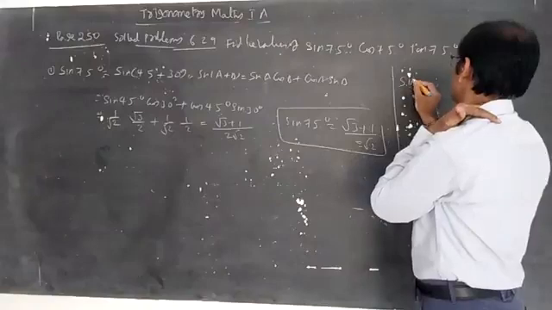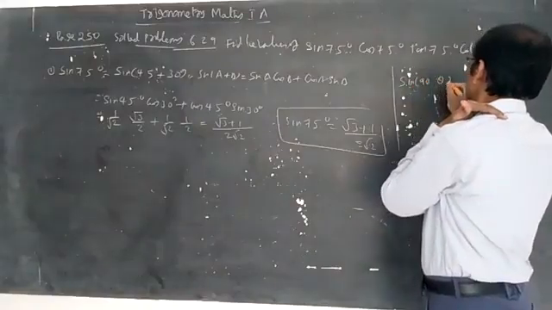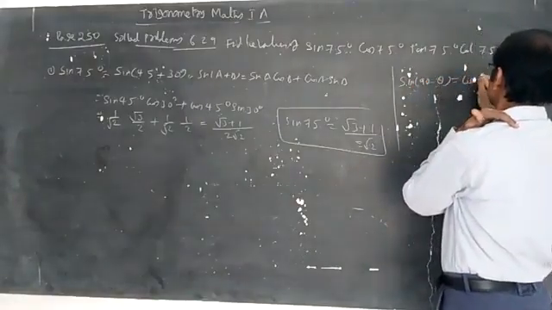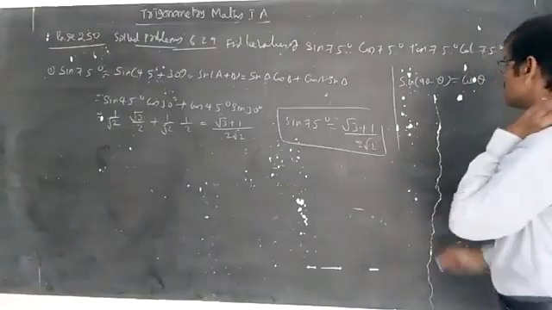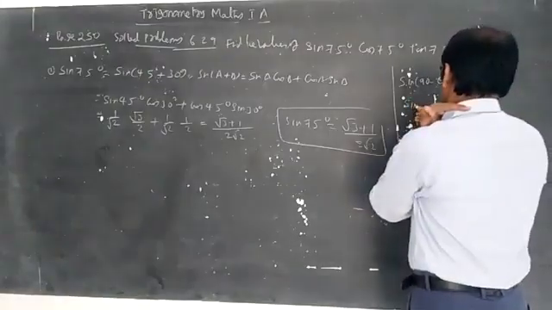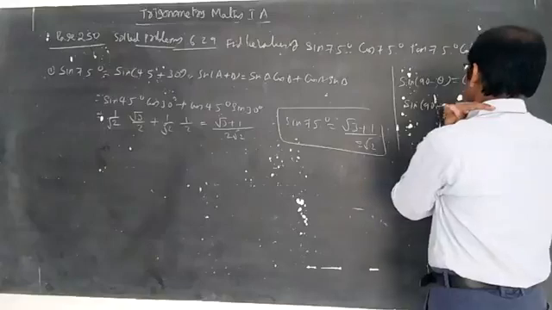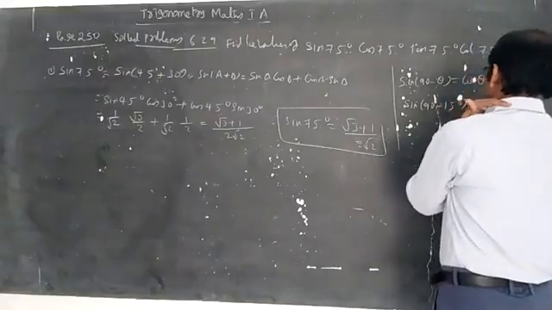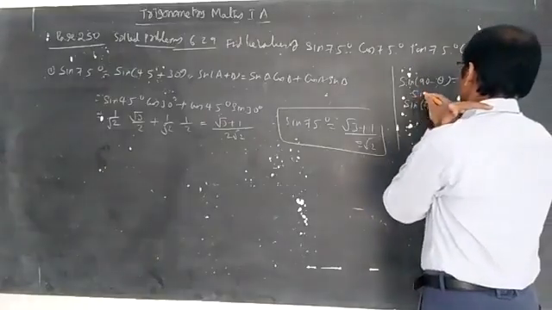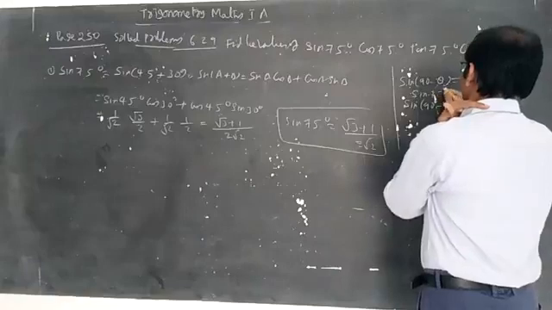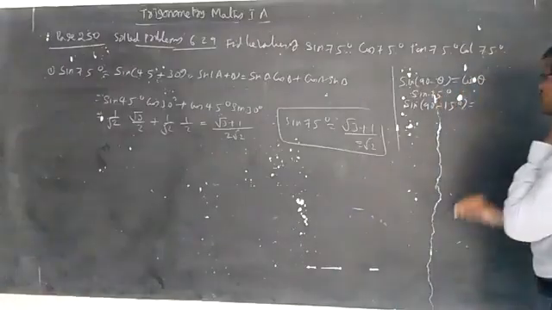Once again I am writing a formula: sin(90 minus theta) is equal to cos theta. So you write sin(90 minus 15). Of course, sin 75 you can write as sin(90 minus 15).